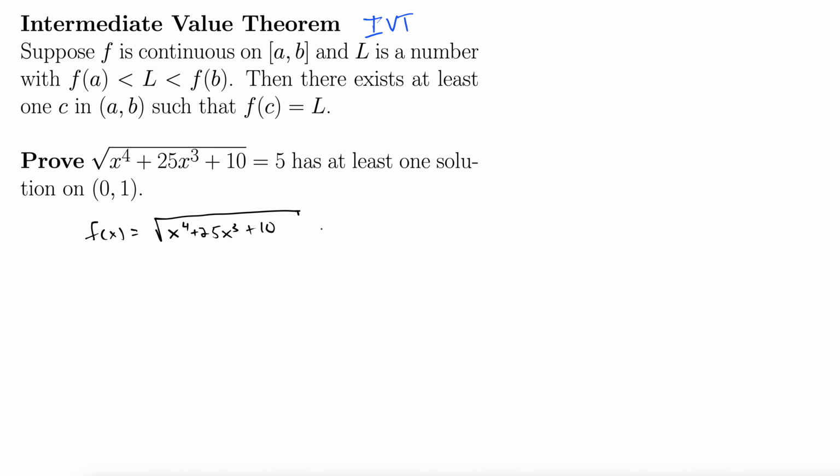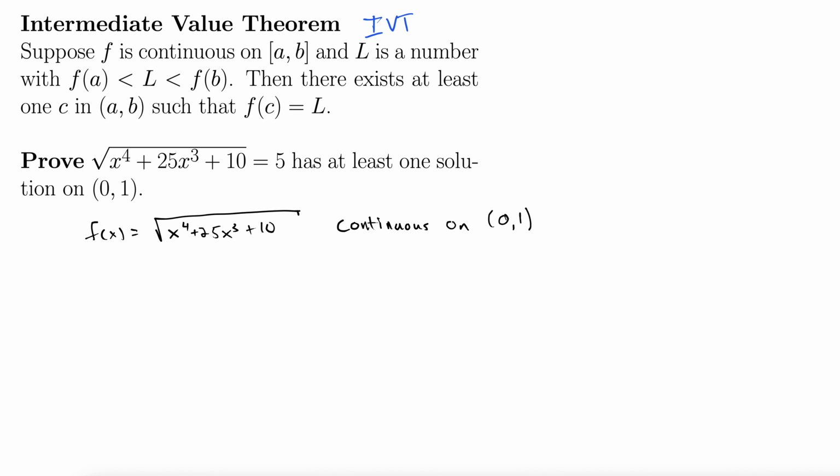Note that this is continuous on [0, 1]. Why is that the case? Well, remember that square root functions are always continuous on their domains. So as long as we're positive, we're continuous. But this is also a composition. The inner function is a polynomial, x to the 4th plus 25x cubed plus 10.